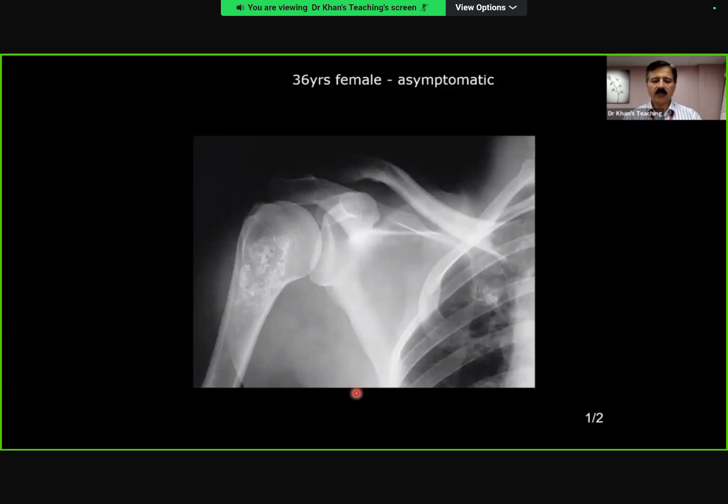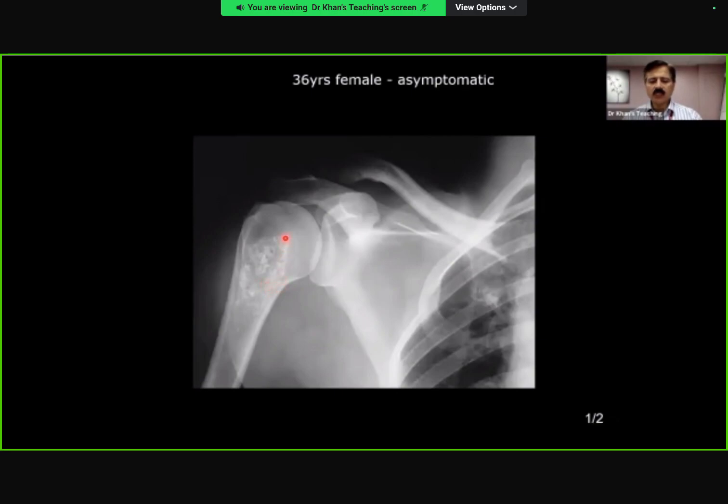In my day-to-day practice, I will compare it with the old film, because if there is malignant transformation to a chondrosarcoma, the chondrosarcoma might become de-differentiated and the calcification might not be visible. It will be eaten up by the malignant cells. So that is number two. I will like to compare it with the previous films.